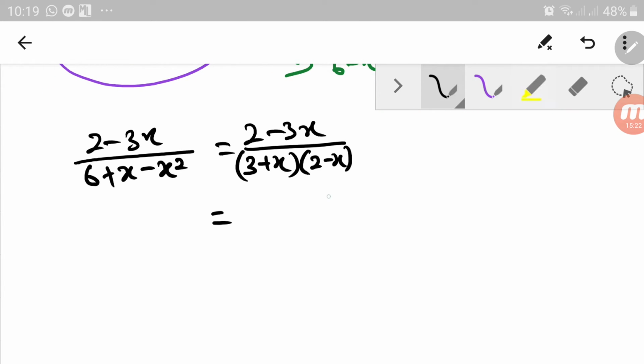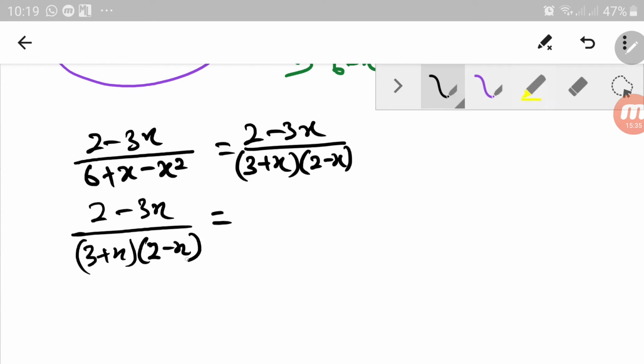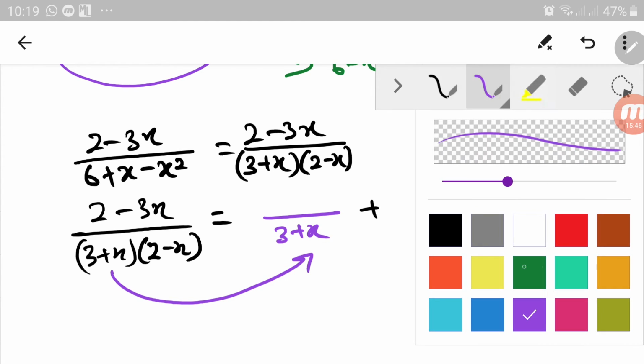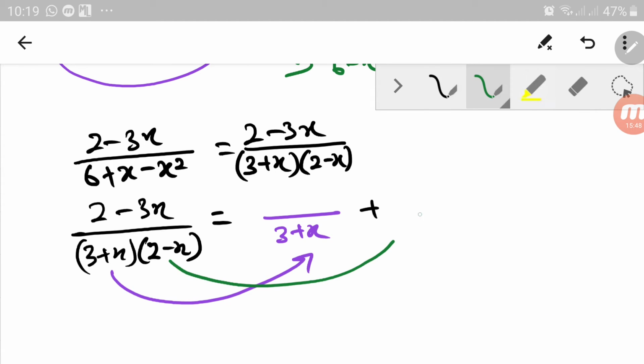Okay, now so this is the fraction. Denominator we have factorized. So 3 plus x, 2 minus x. Now the next step is that form the new fraction. 3 plus x, plus this one 2 minus x.